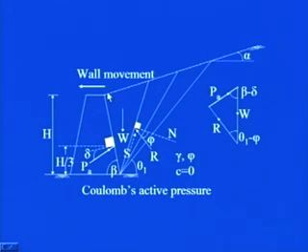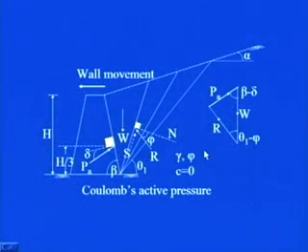It can fail along this wedge, this wedge, or this wedge. This is not a fixed thing, but we talk in terms of any particular trial wedge, and then we will try to generalize the process of analysis.